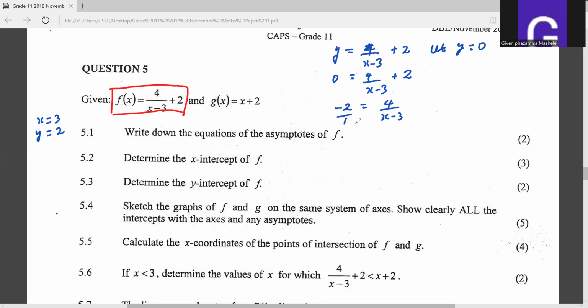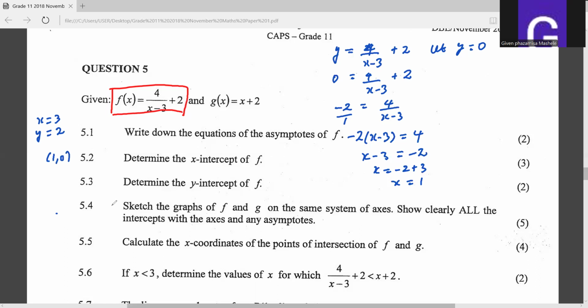That's over 1. Then we cross multiply. So we have minus 2 into x minus 3 equals 4. We can either divide by negative 2 or multiply by negative 2 on the left-hand side. So let's divide by negative 2. This will be x minus 3 equals 4 divided by negative 2, that is negative 2. Then we solve for x. So x is minus 2 plus 3, then x is 1. Which means the x-intercept here will be (1, 0).